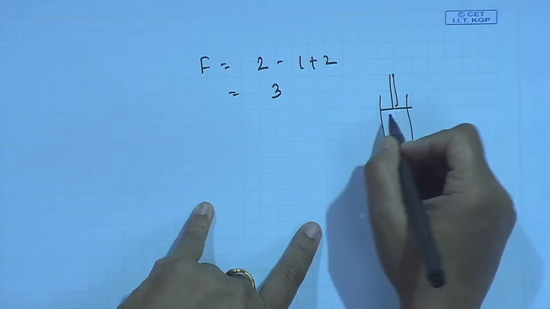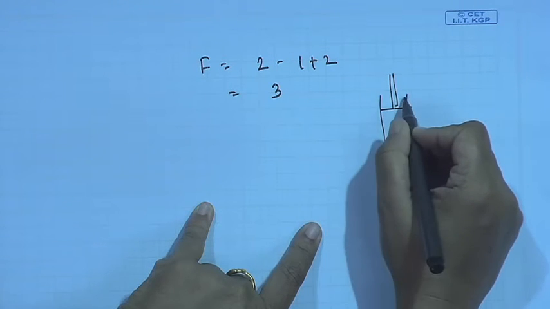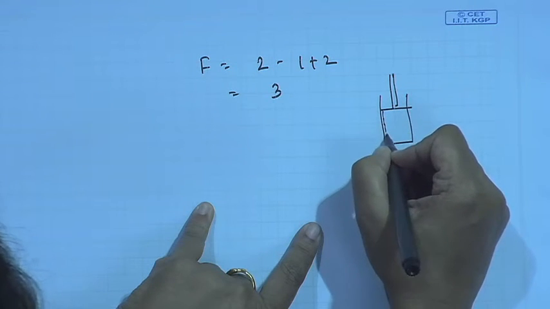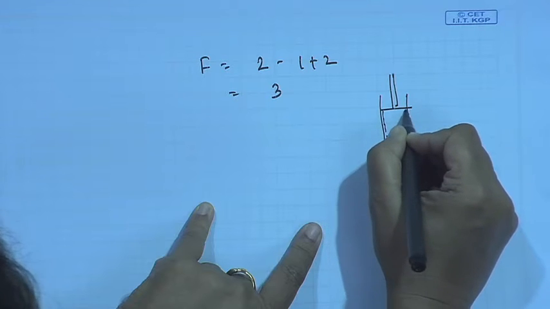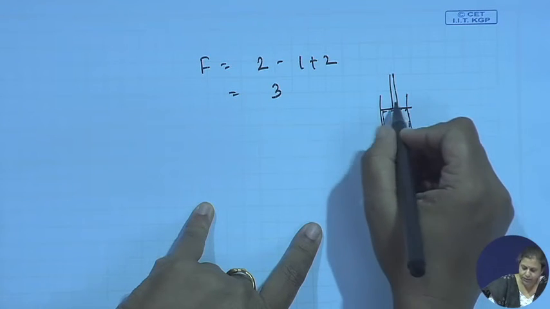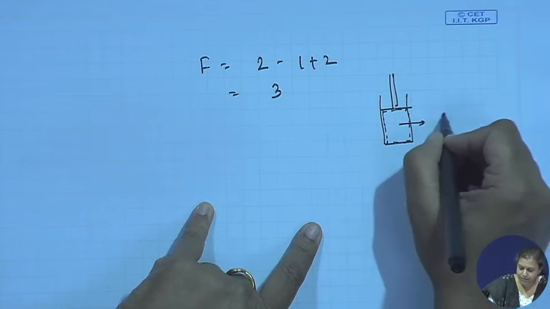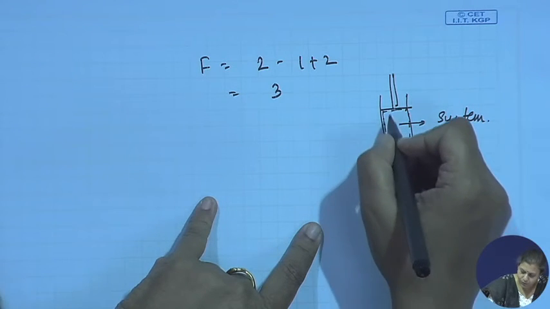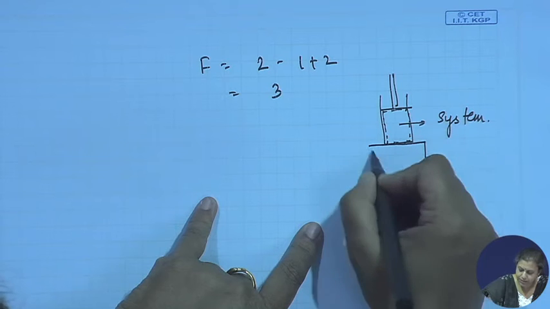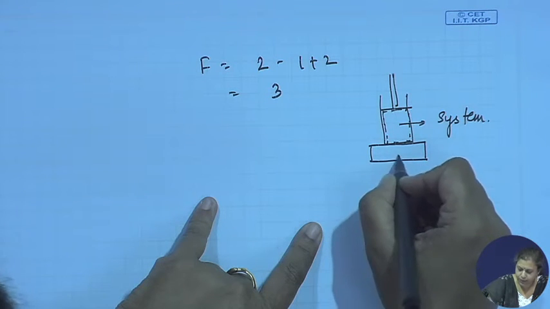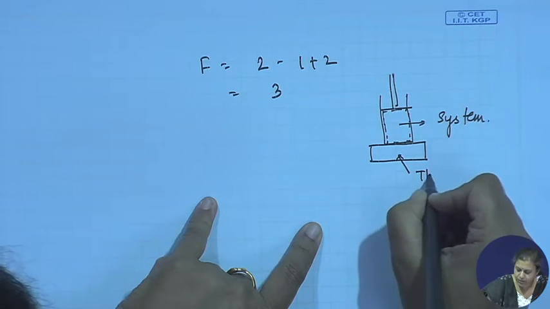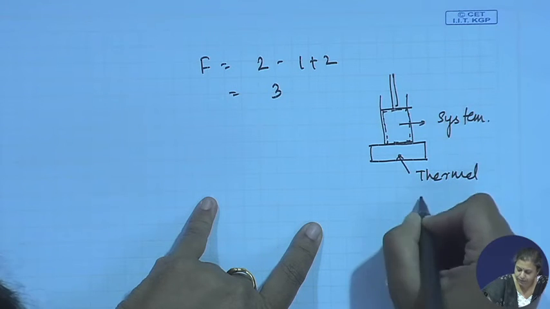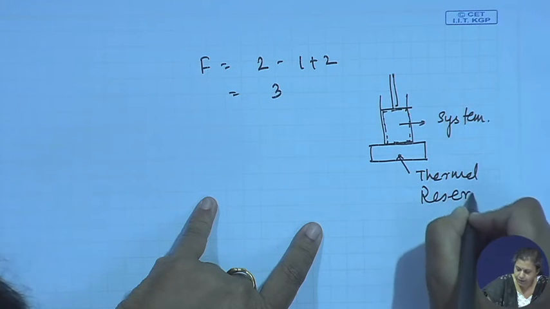So, for this particular system, in this case the gas which is contained in this cylinder, this is my system. And maybe this system is in contact with a thermal reservoir at a higher temperature.